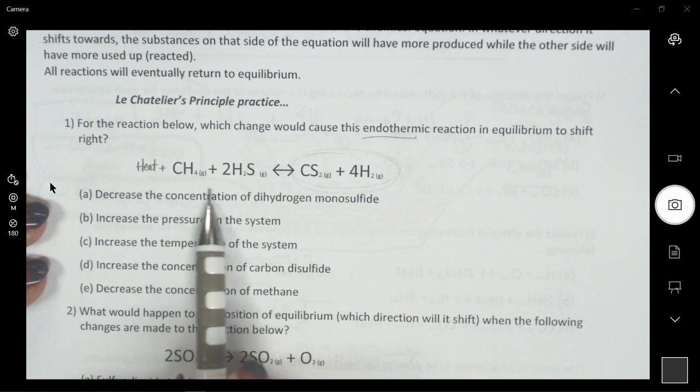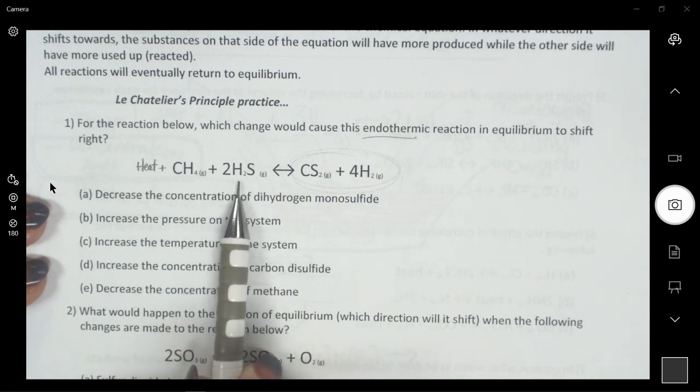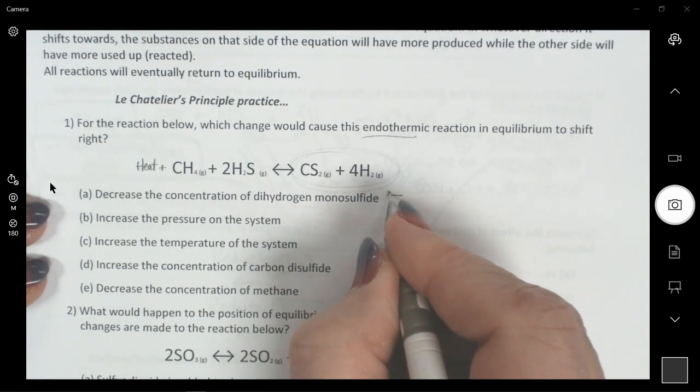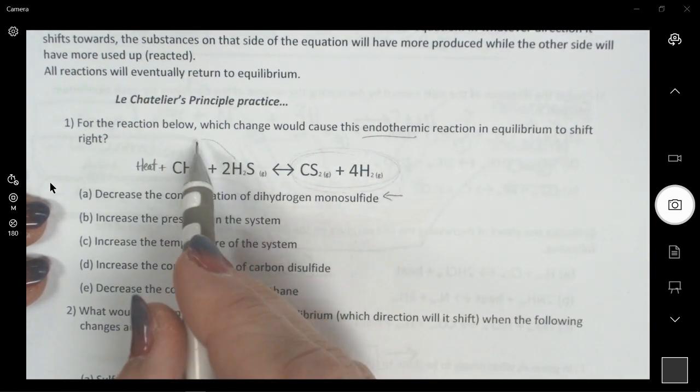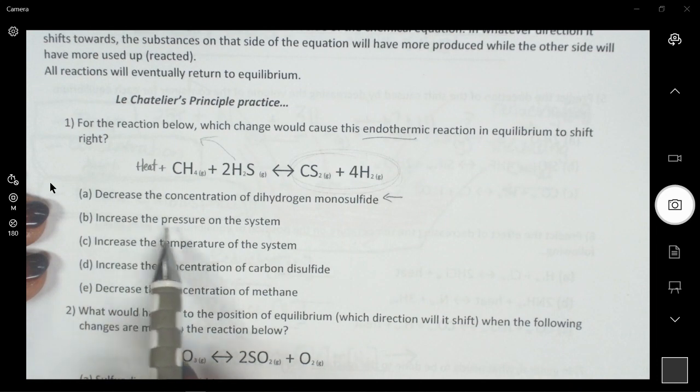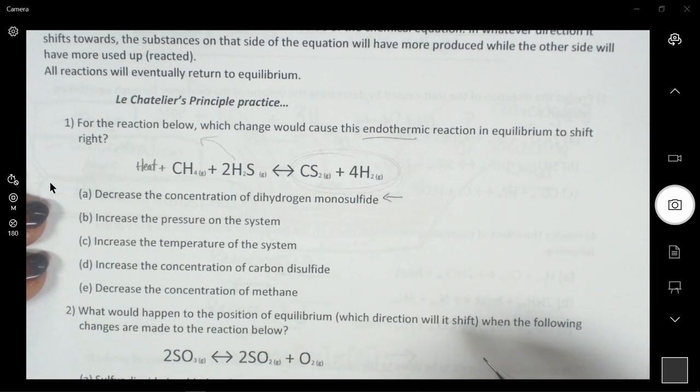If we decrease dihydrogen monosulfide, which way is it going to shift? It's going to shift to the left, right? Because we're pulling some out. What if we increase the pressure on the system? It's going to go to the fewest number of moles.